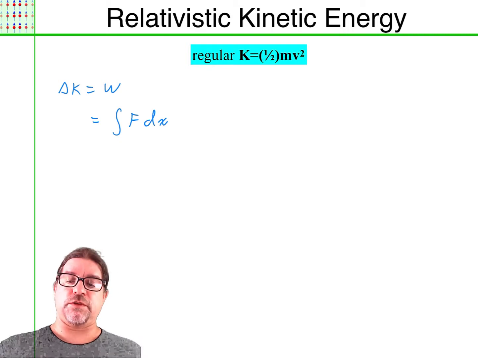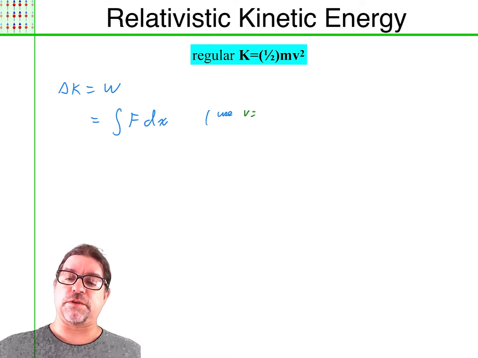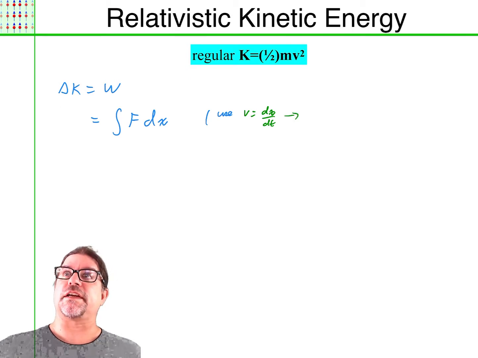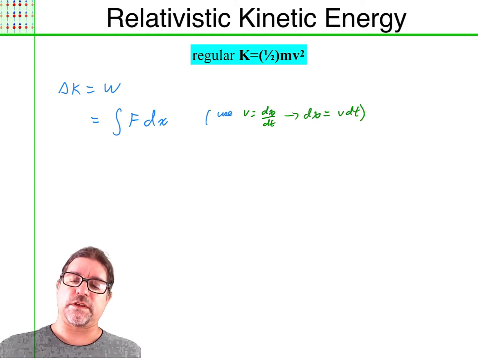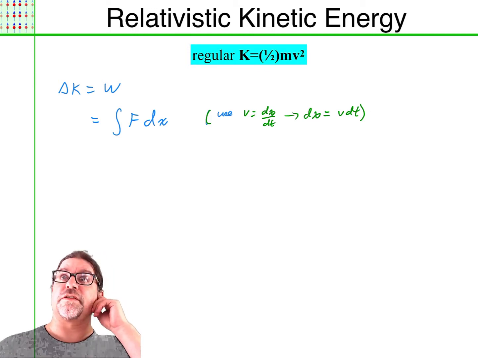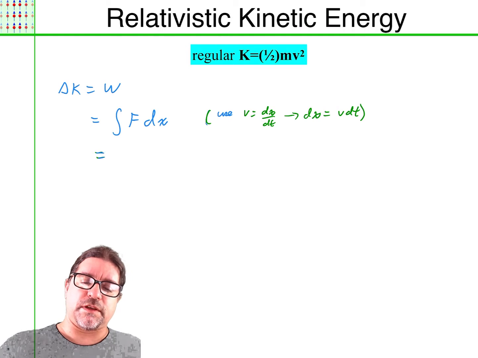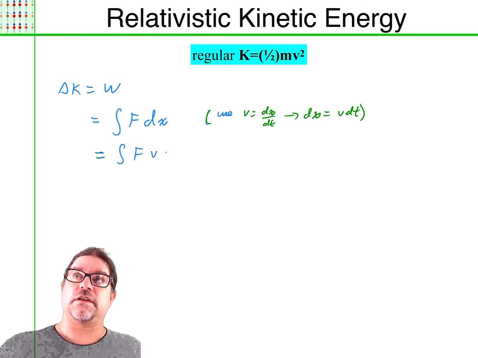So what I'm going to do now is use that v is equal to dx/dt, or I can rewrite that as dx is equal to v dt. So I'm going to replace that dx with v dt. So now we end up with the integral of force times v dt.